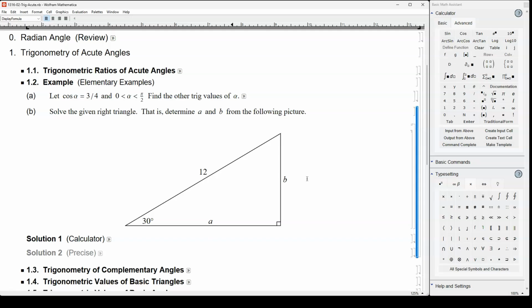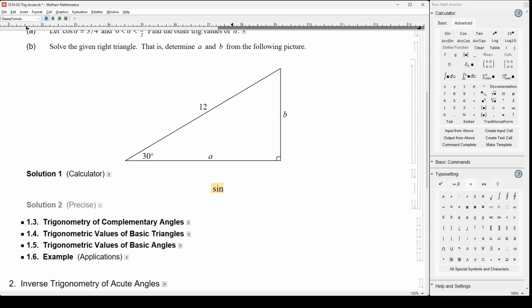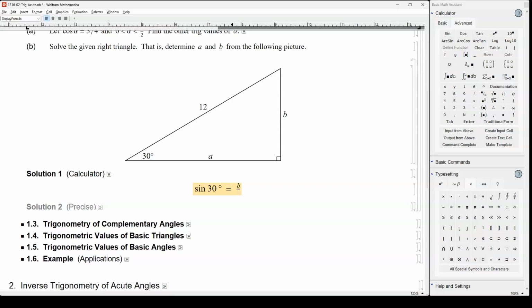How do you find those out? Well, we can use trig ratios. So if you use sine, then that's opposite over hypotenuse. So B is 12 times sine of 30 degrees.